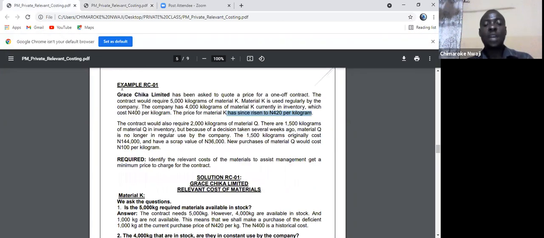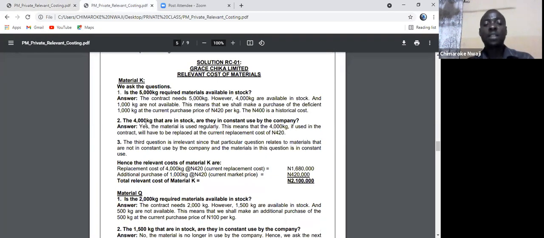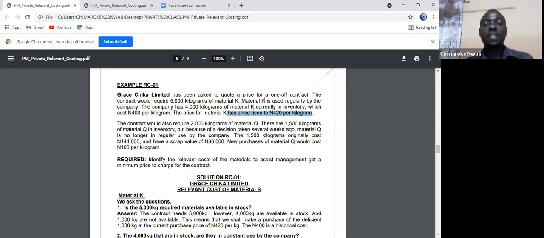Remember, when you answer yes to that question, you go to the next question. Is the material, are the 4,000 kilograms that are in stock, being used by the company constantly? So now let's see. They said the material K is used regularly.